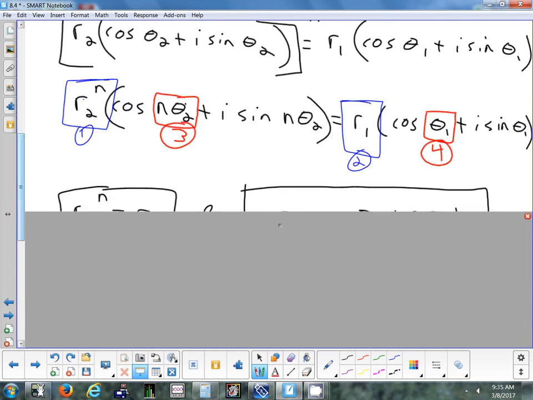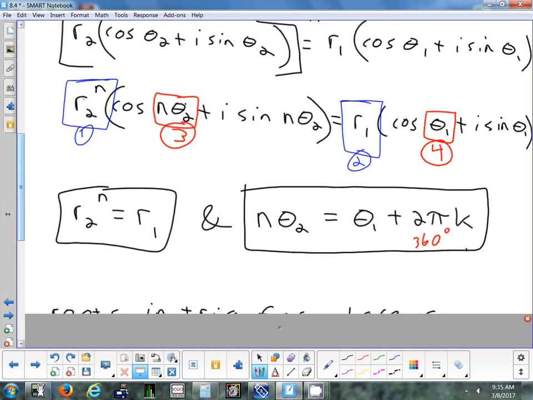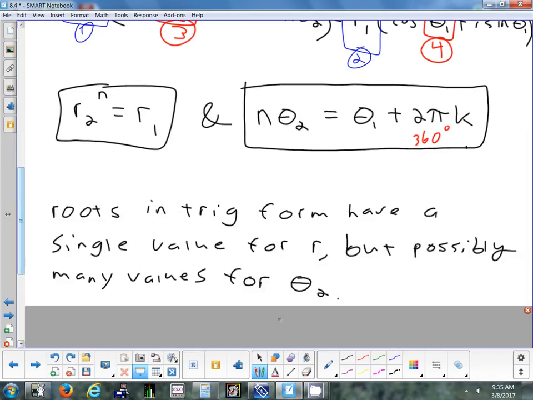Okay, so this is definitely the hardest thing we look at this week. So when you do roots in trig form, you're always going to get a single answer for the radius. You're going to get one answer. R is 3. But when you find the angle, you might get multiple answers. In fact, you get as many answers as you're taking the root.